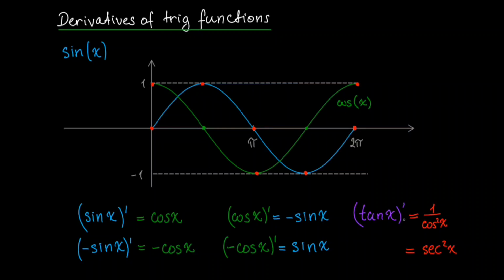If you want to see why this derivative is true, you can rewrite tan x as sine over cosine, and then use the quotient rule for differentiation. And you will see the answer you arrived at is 1 over cosine squared x, which is the same as secant squared of x. You can try this on your own as a little challenge.